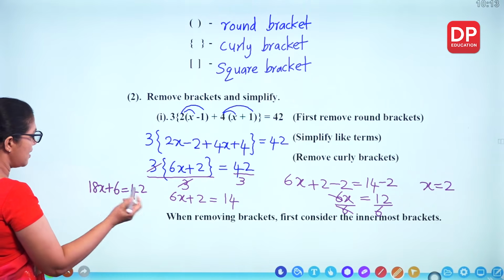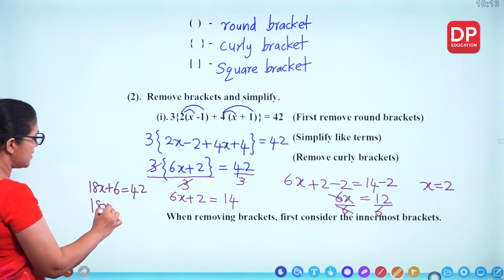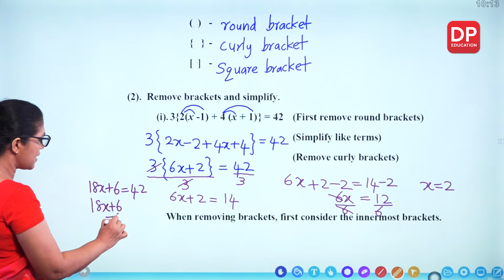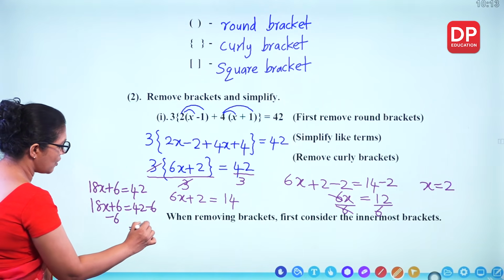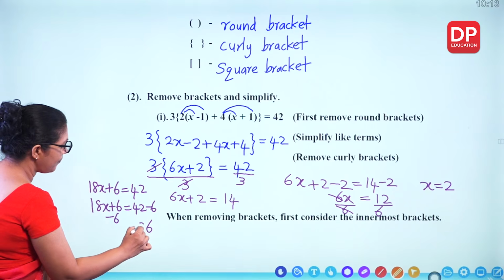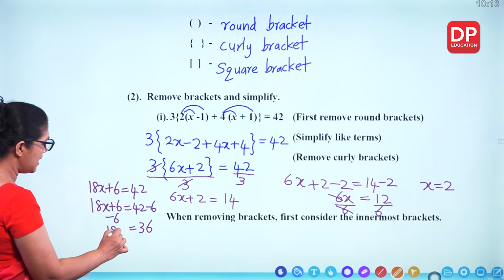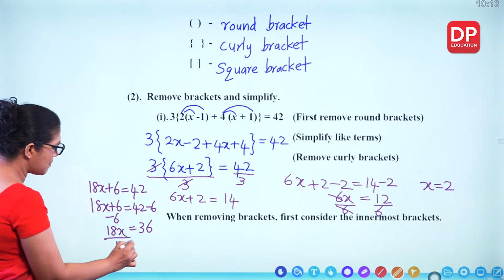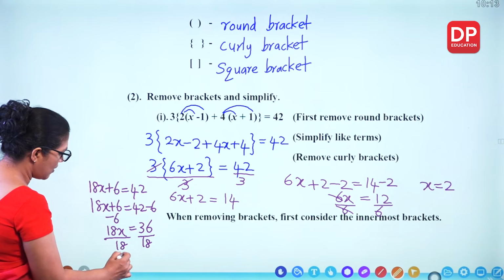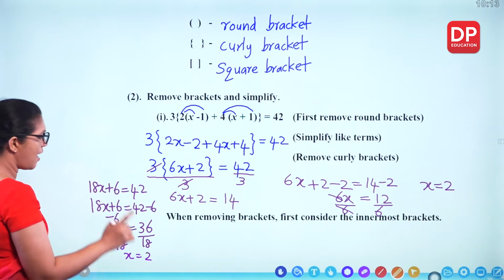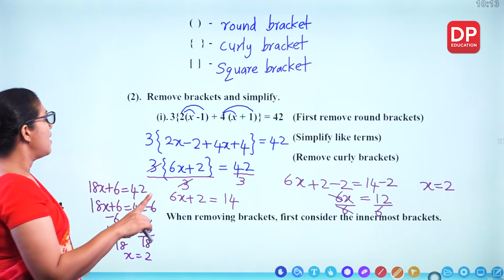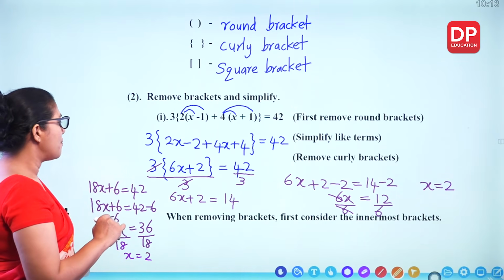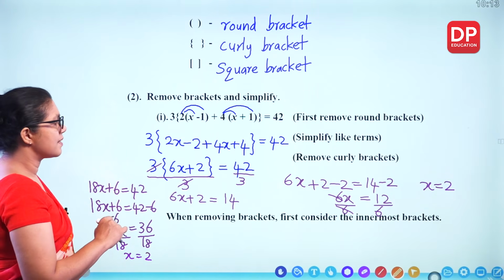Take 6 out, that means subtract 6 from both sides. 42 minus 6. So what you get? 36 equals 18x. When you divide this by 18, you get x equals 2. So you can either do without removing brackets or with removing brackets, you get the same answer.